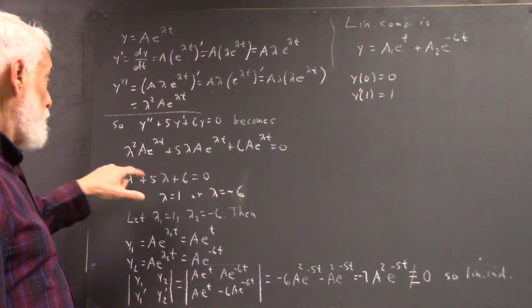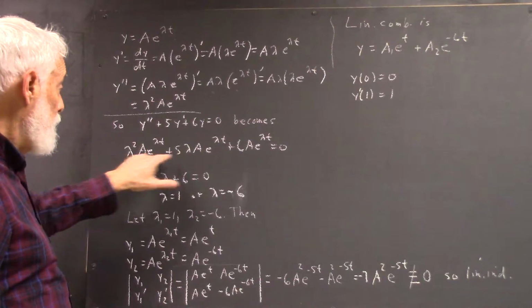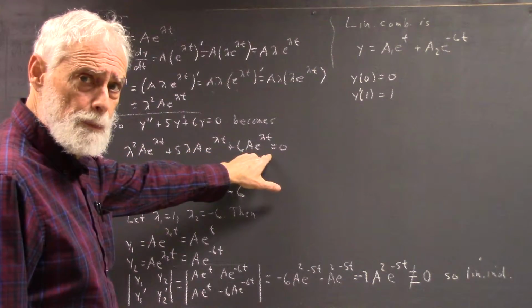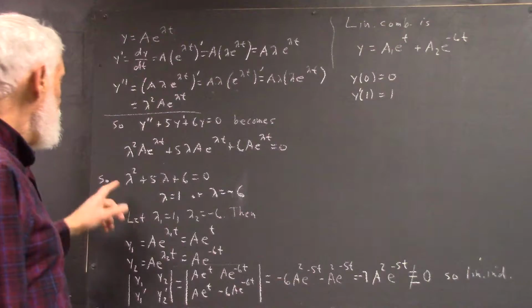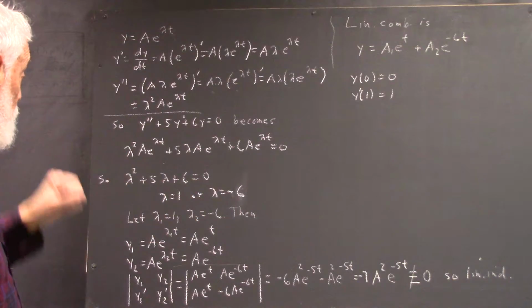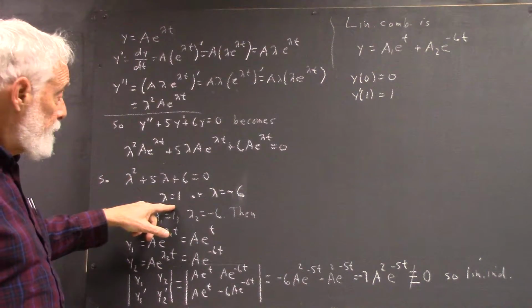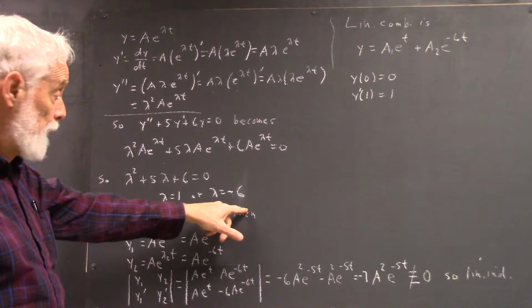And then if we simply divide out ae to the lambda t, which we should immediately notice is a common factor, we get this equation called the characteristic equation. And this equation has solutions lambda equals 1 and lambda equals -6.